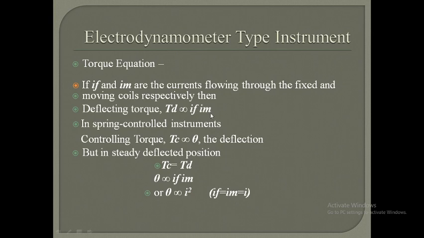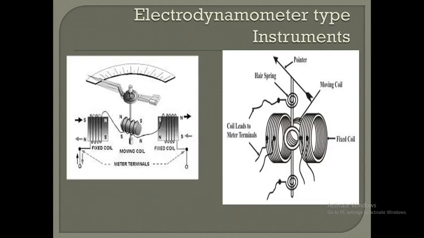So if we want to increase the current rating, the current range in the coil, the only option is to increase the number of turns. If we increase the number of turns of the movable coil, the moving system becomes quite heavier, because ultimately increasing the number of turns makes your system heavy.